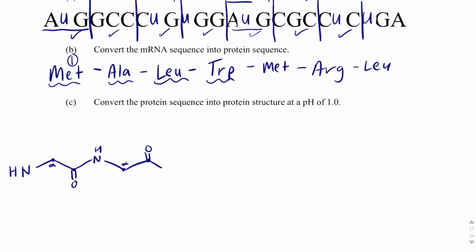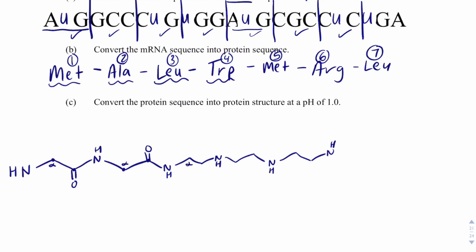So I need 1, 2, 3, 4, 5, 6, 7 alpha carbons. So right now I have 2. So one carbon, NH, one carbon, 2 carbons, NH, one carbon, 2 carbons, NH, one carbon, 2 carbons, NH.